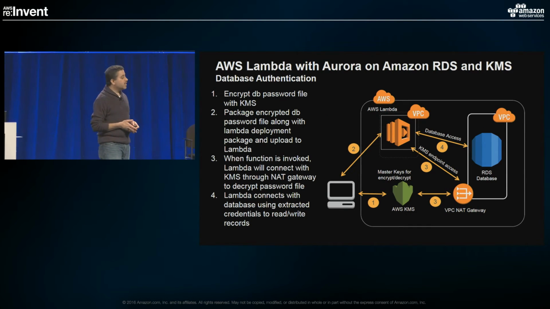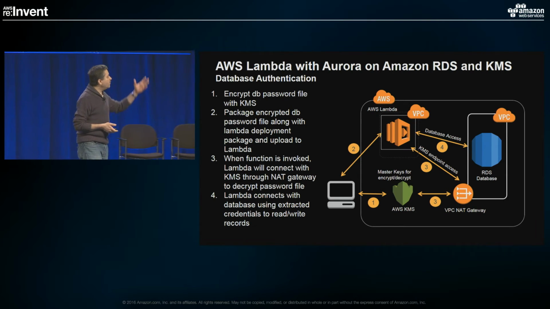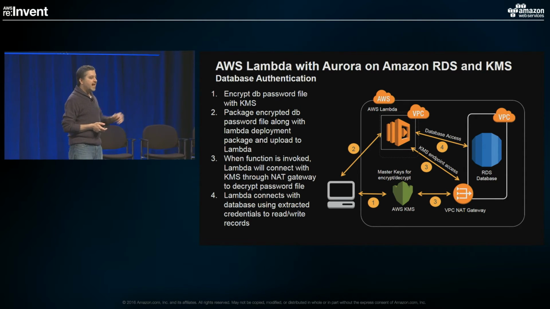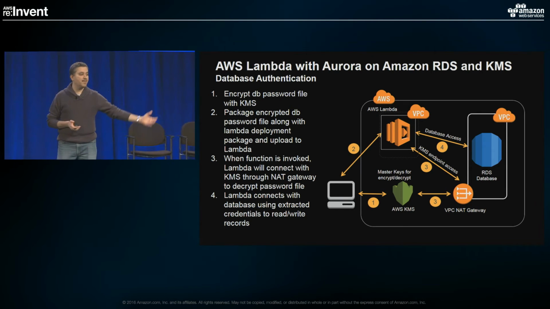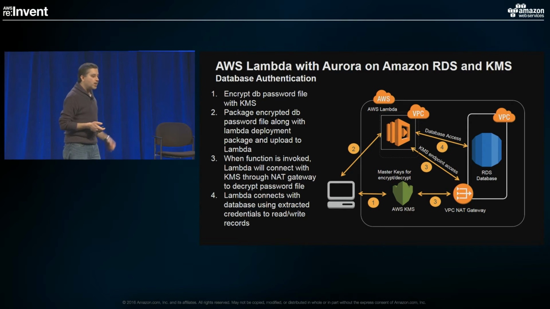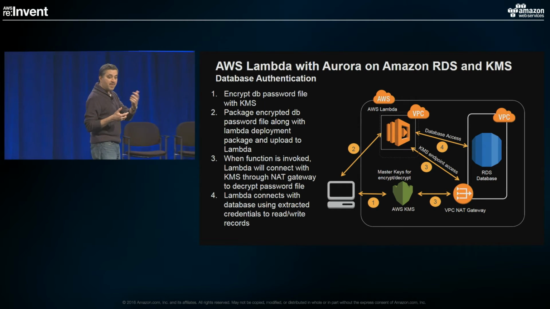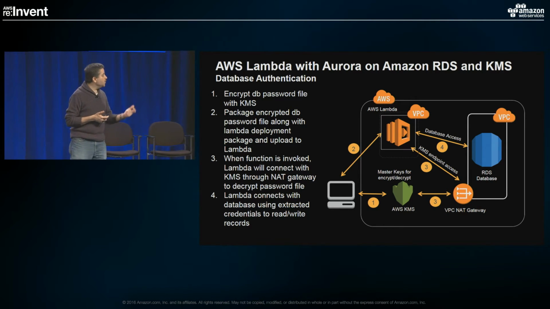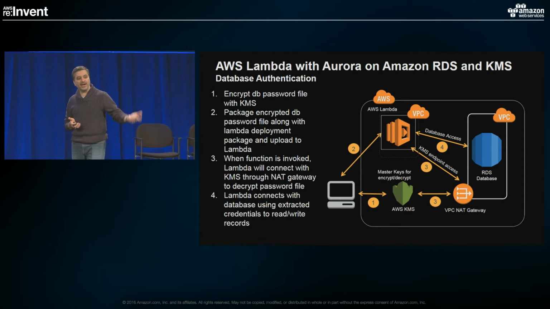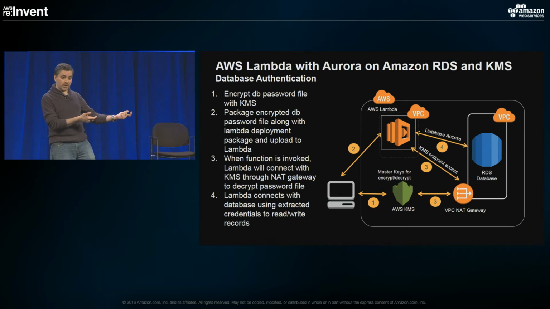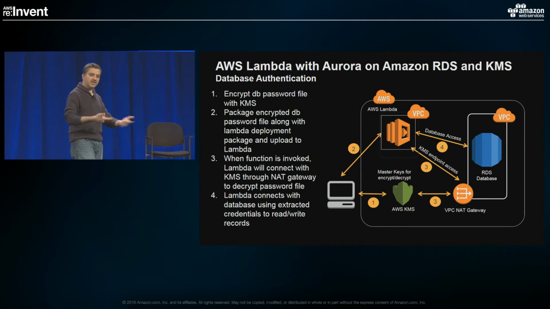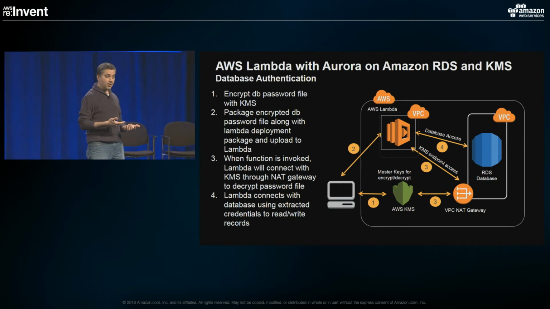So the demo I'm showing here is you have a Lambda function that connects, reads and writes data to an Aurora backend database, which is inside your VPC. And in order to get your database username and password credentials, I'm using KMS, which is a public endpoint, to be able to decrypt the password at runtime within the Lambda function so that you're not entering your username and password.